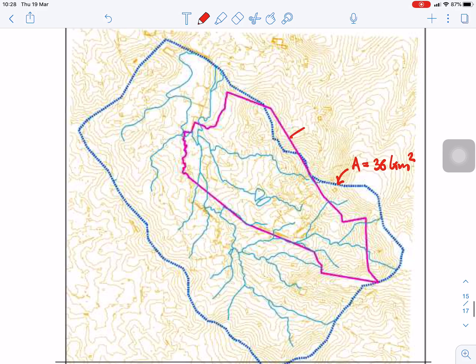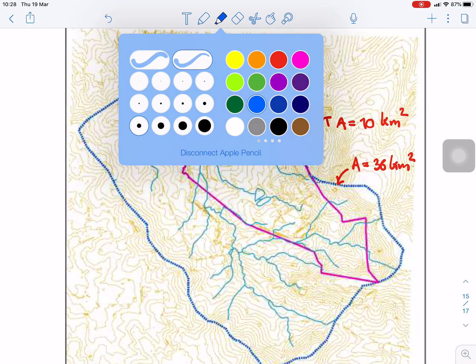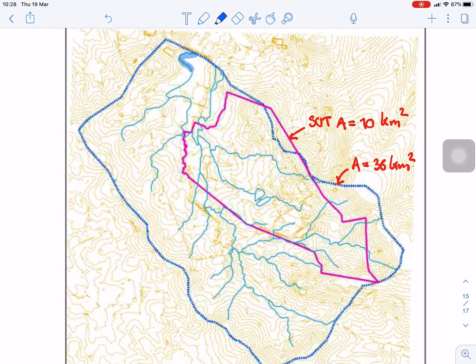This is the boundary of the SUT, about 10 square kilometers. So our university is located in the Huai Ban Yang catchment area, in the north of this area, at the top of the catchment of the Huai Ban Yang reservoir.